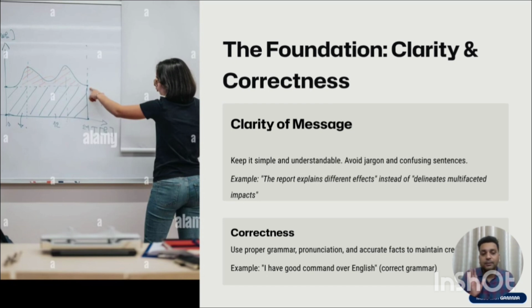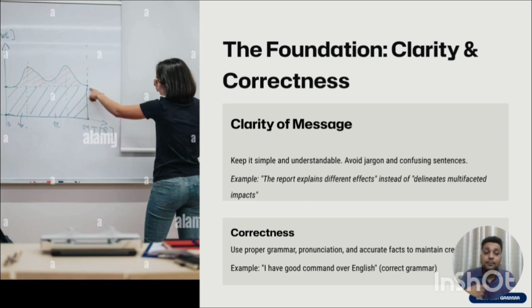So before speaking, there are 2, 3, 4 important points that we always need to keep in mind. The first is the clarity of message. So whatever you speak, whatever information you share verbally should be clear to the receiver. Don't use any foreign language. Don't use any confusing words.